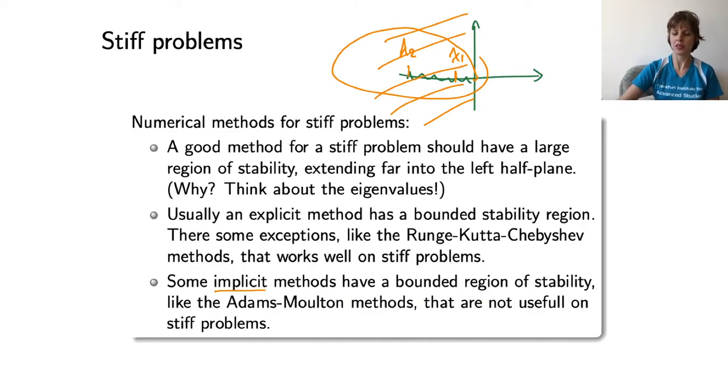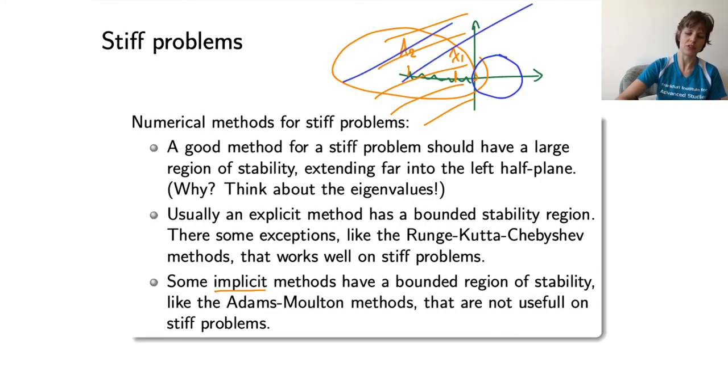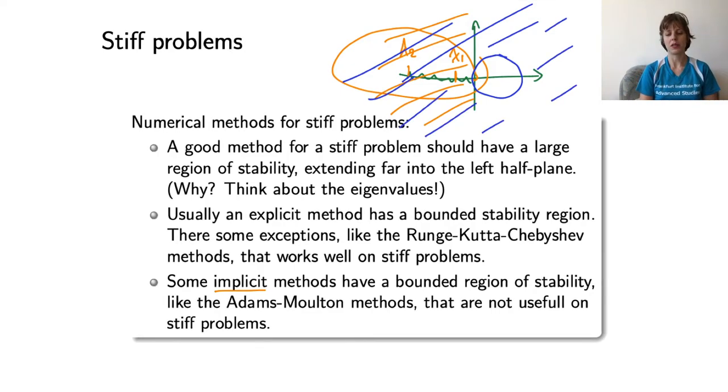Also, in the backward Euler, remember, the stability region was outside of this circle. So we could be tempted to say that we are going to approach and analyze both methods, because the trapezoidal could be a good one.